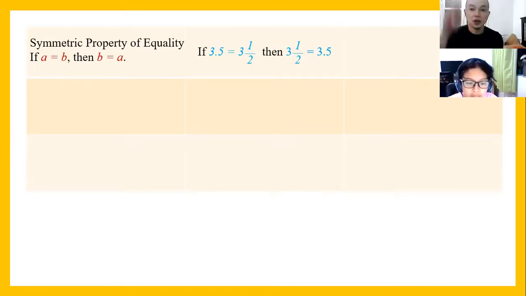Actually 1 over 2 is 0.5. If you divide 1 by 2, it is actually 0.5. So 3.5 is equal to 3 and a half, or just do the otherwise, just transpose: 3 and a half is equal to 3.5. It's exactly the same.